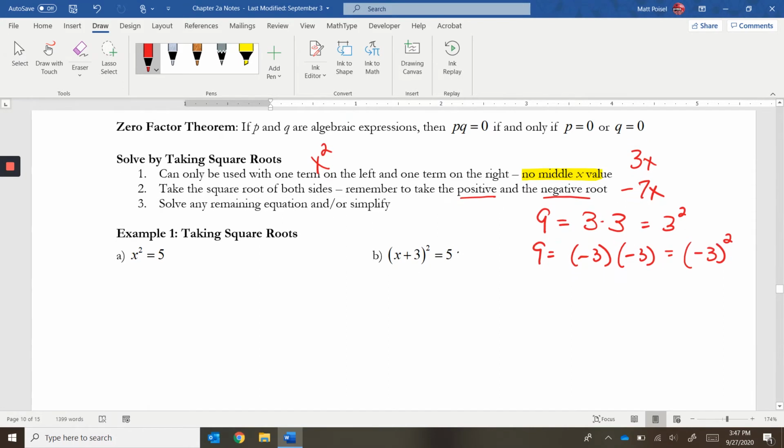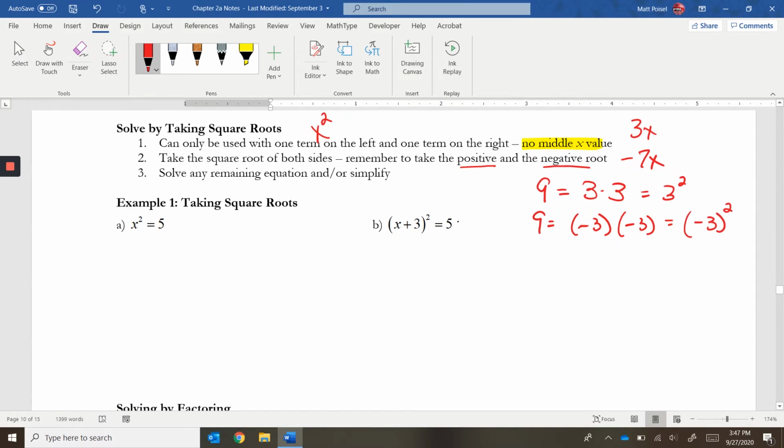All right, so let's look at example 1a. We notice there's an x squared on the left side. There's a 5 on the right side. There's no middle x value. So then I can just take the square root of both sides. Okay, on the left side, when you take the square root of x squared, we're going to get x. On the right side, when we take the square root of 5, that cannot be broken down.